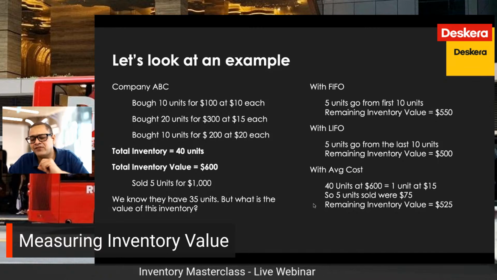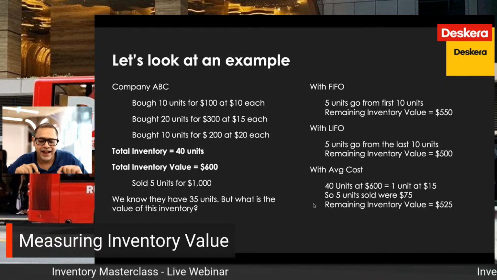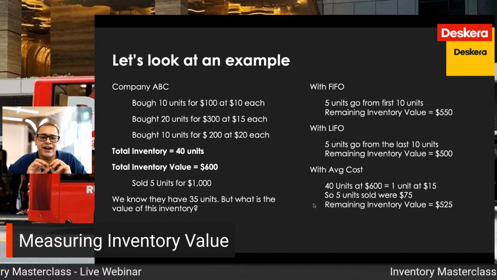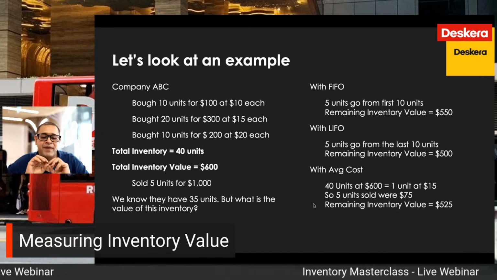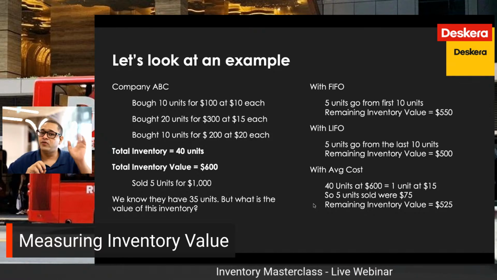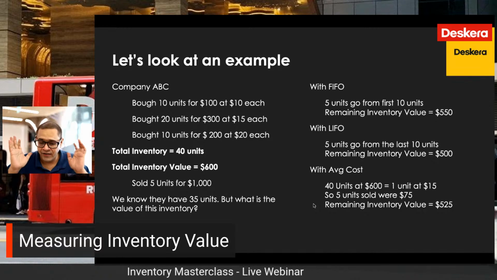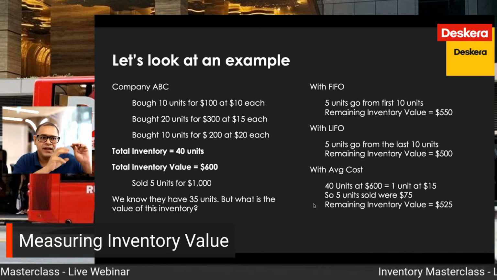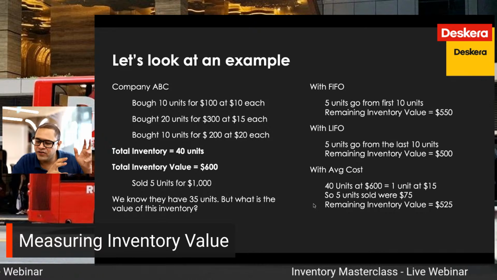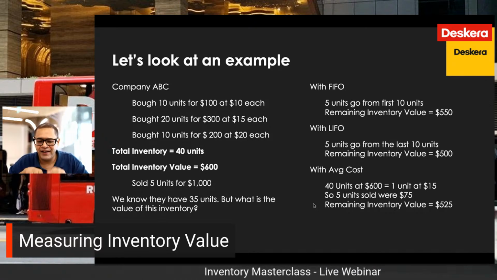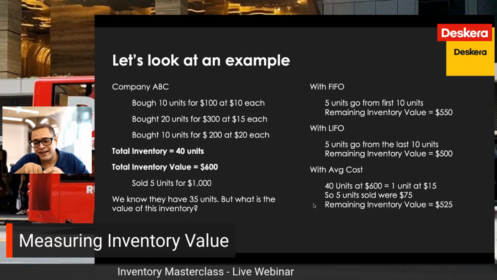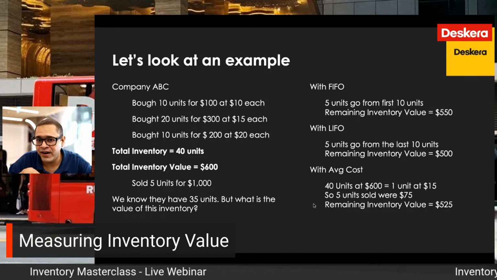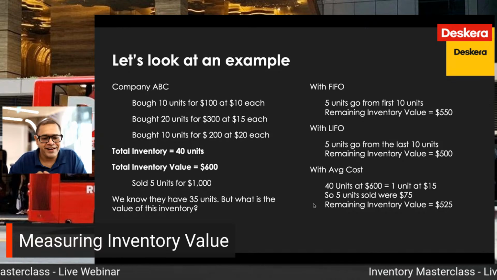And with average cost, the difference is that I first calculate the average cost of my inventory based on total number of units and total inventory value before I start making the sale. And then I multiply the number of units sold with that average value. And with average cost, you will see that the number is $525.